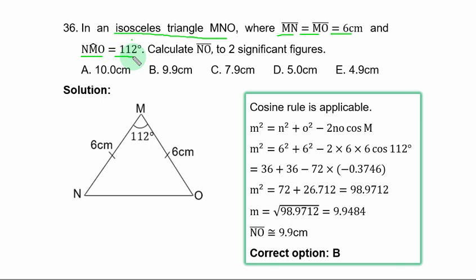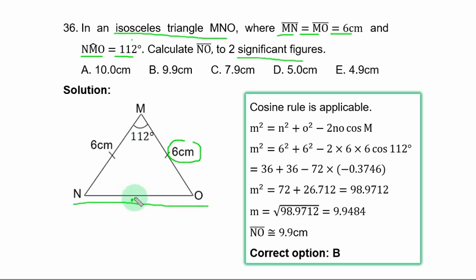Calculate NO to two significant figures. Now, this diagram represents the information. You have MN, MO, and they are 6 cm respectively. If you are to find NO, the angle facing NO is known. That means you go by cosine rule.